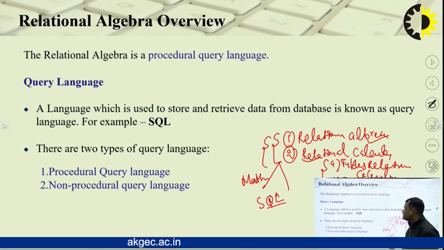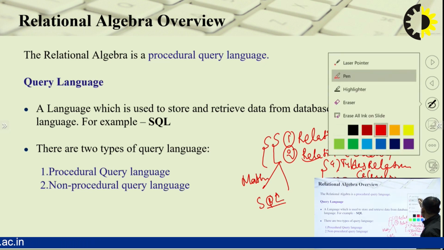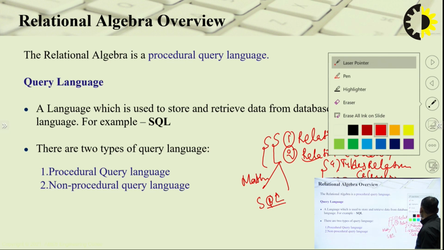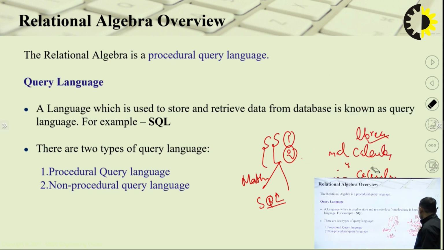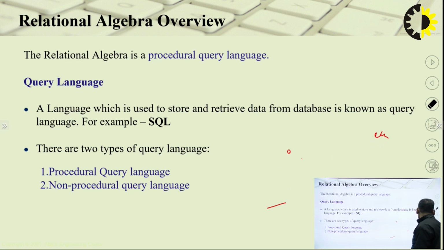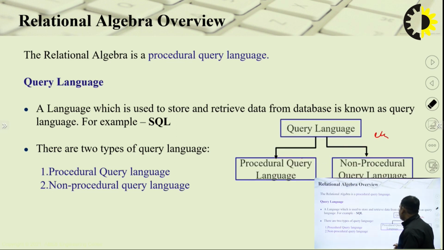Structured query language. The implementation is of two types: relational algebra is implemented as a procedural query language, and relational calculus is implemented as a non-procedural query language.